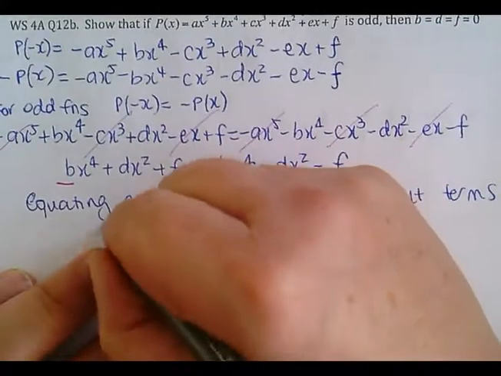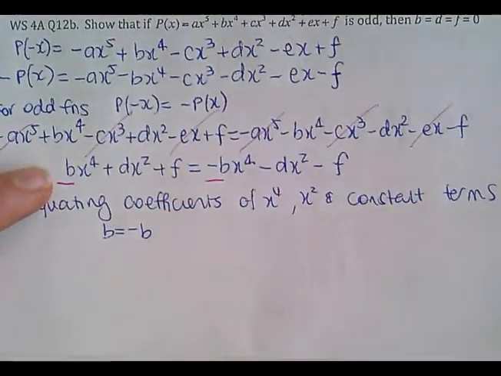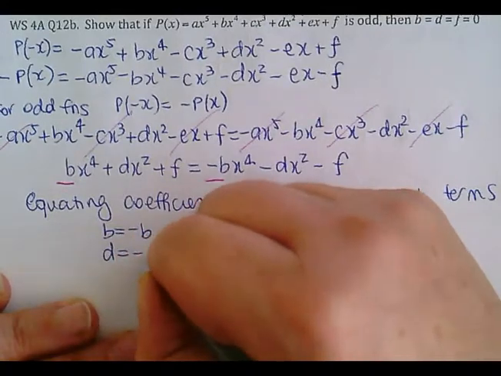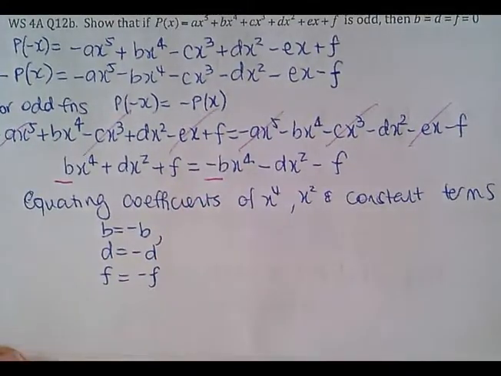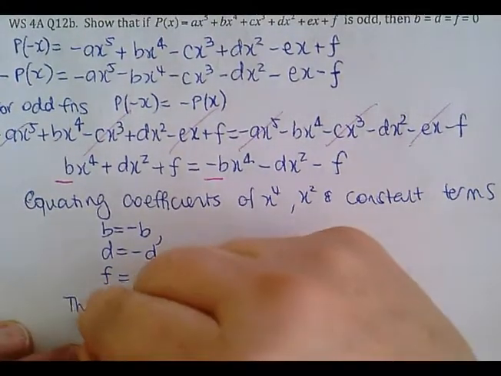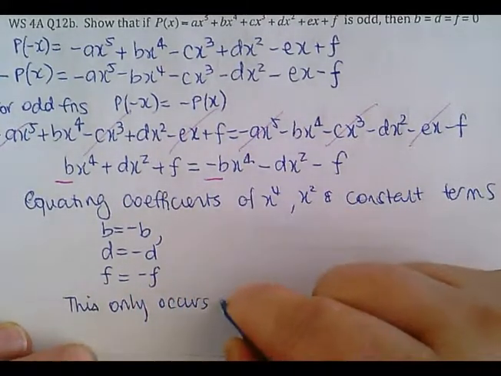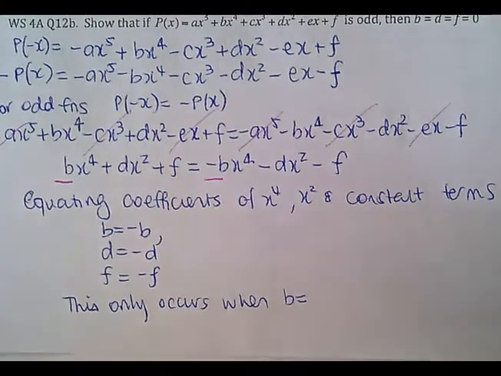We have to get that b equals negative b. You get it? That's the only way that the x to the power of 4 terms will be the same on both sides. And we know that d will have to equal negative d and f will have to equal negative f. Yes? And this will only occur when they're all 0.